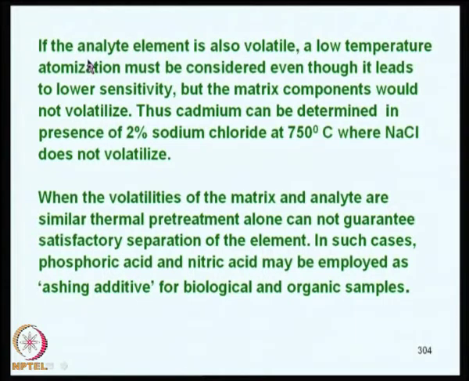If the analyte element is also volatile, then low temperature atomization is a must, so that we do not lose the atoms in the pretreatment stage itself. Even if you do the atomization at a higher temperature, definitely you will lose sensitivity. So, we have to consider low temperature atomization, even though it leads to lower sensitivity, because part of it you would be losing anyway.